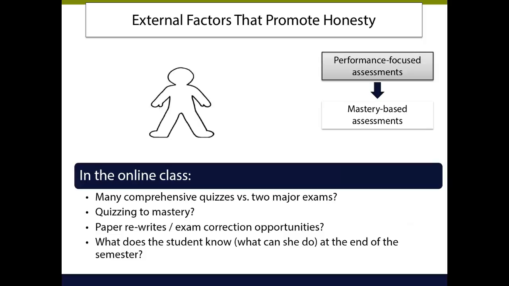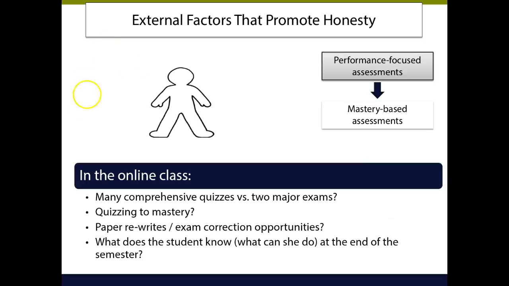Where students may be thinking, that one chance, maybe because I'm not a good test taker, is simply not an accurate portrayal of what I can actually do, right? The outcomes that I've actually mastered. And so one of the suggestions is, if you can move more toward mastery-based assessments, you may help your students be motivated to be honest.